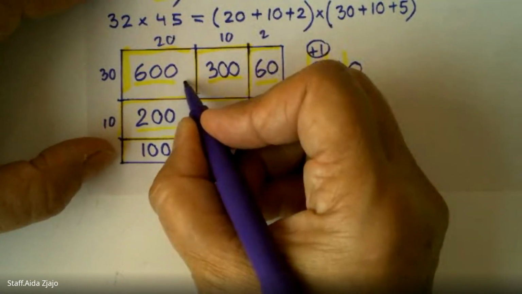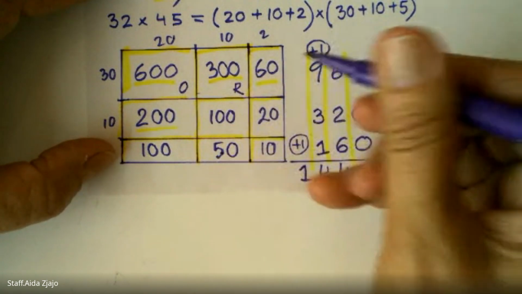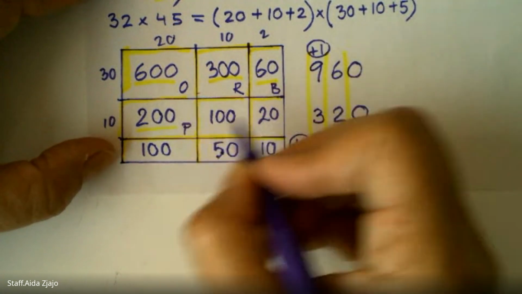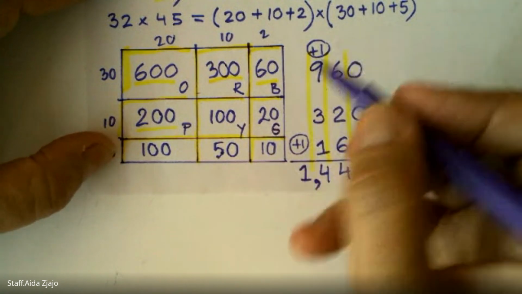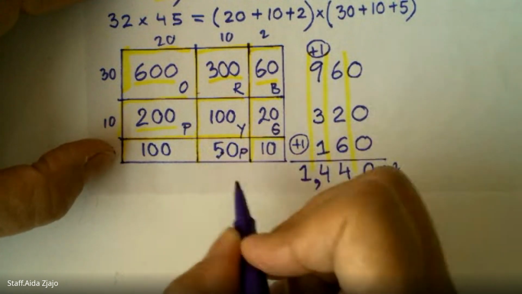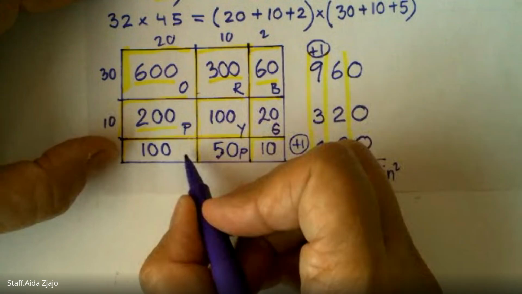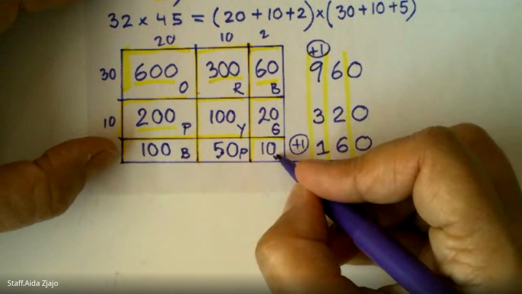And you can change the color, so this could be orange, red, blue, purple, yellow, green. I will do this pink, and this could be black, and this could be white.